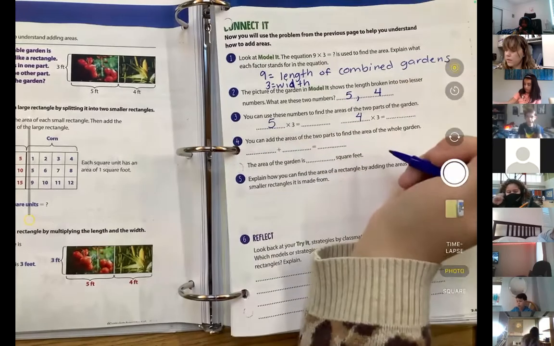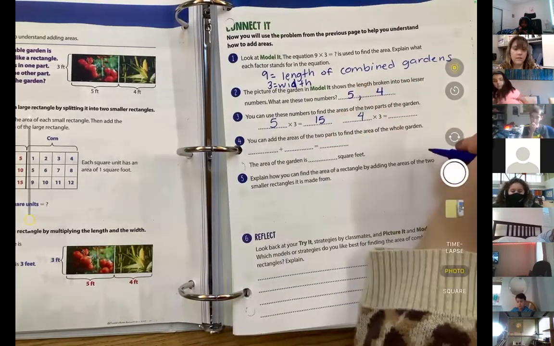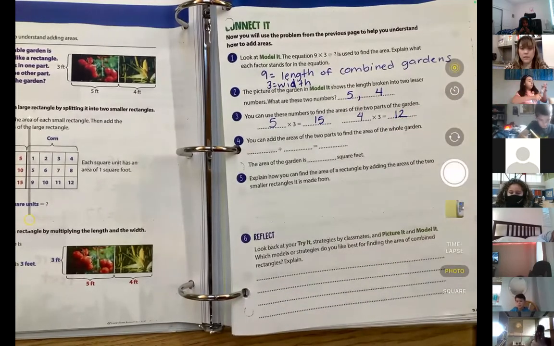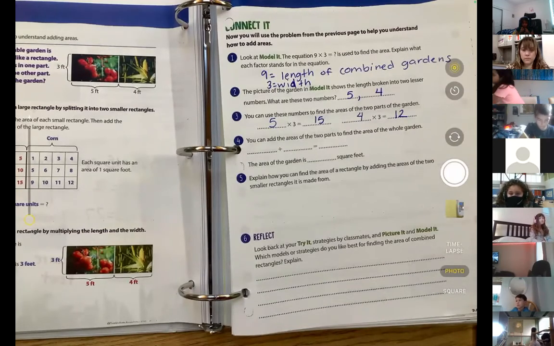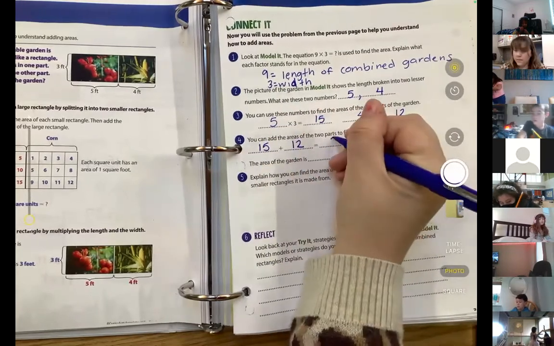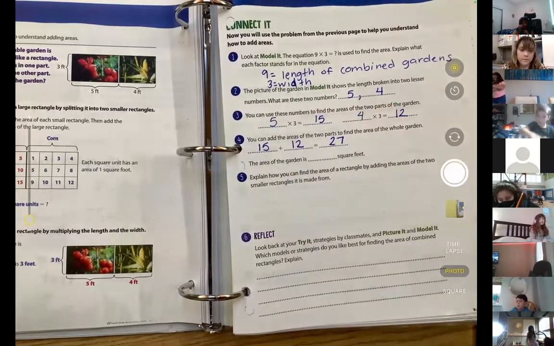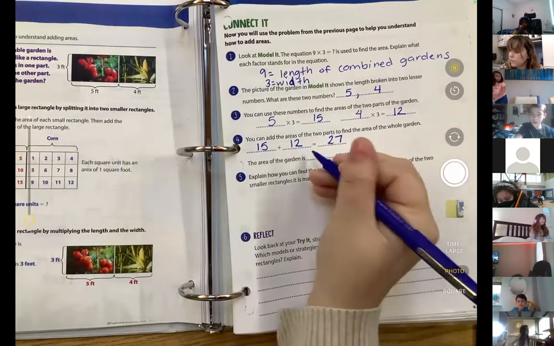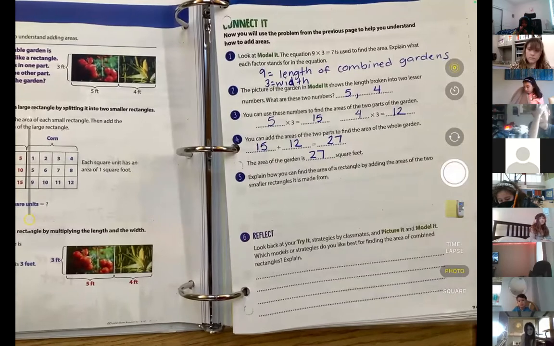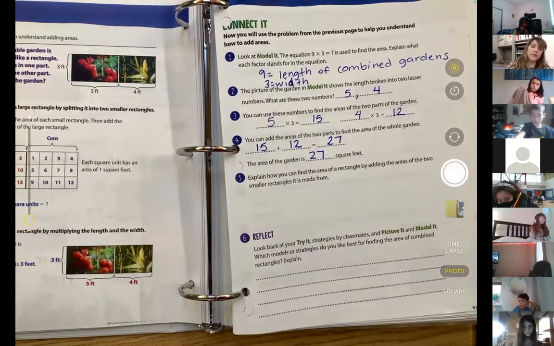So I'm gonna take it from what we did on the other page. We did that 5 times 3 was 15. And 4 times 3 is 12. And then we added them together. And we got 27. And then we just write that again. So basically this was everything we did on that first page.